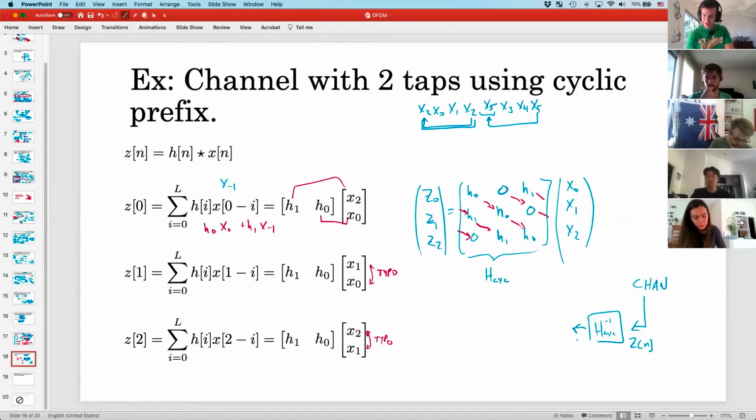And what comes out isn't going to be X's, they're going to be X hats because of the noise that we've been ignoring for this entire lecture. But at least now we can imagine, in the absence of noise, that this would be perfect, right? If Z had no noise component inside of it, then we could invert this H matrix and we'd be good to go.